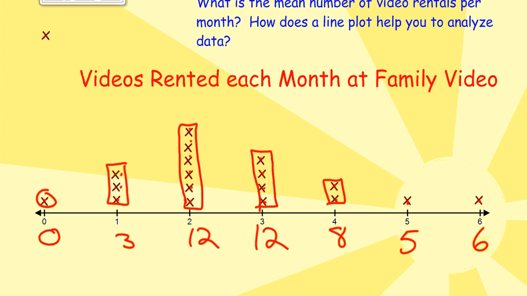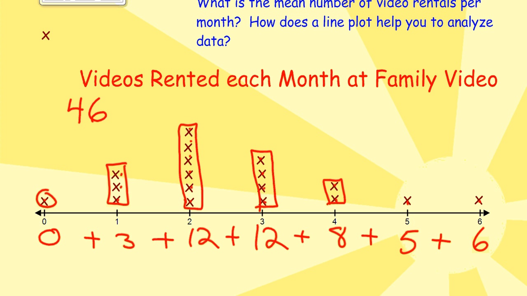Now we need to find the sum and then divide by 18. So when we add these together, 3 plus 12 is 15, plus 12 more is 27, plus 8 is 35, plus 5 more is 40, and plus 6 more is 46.